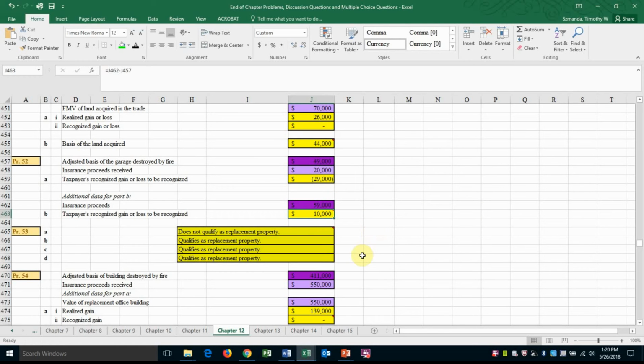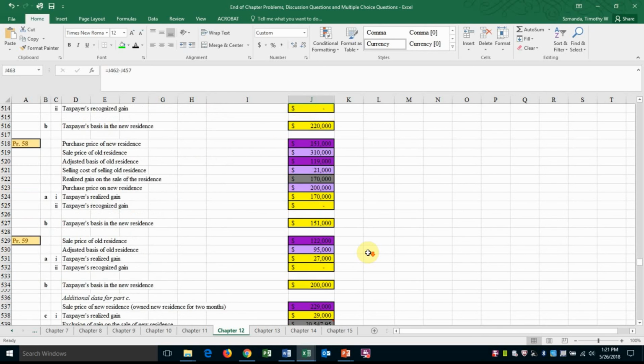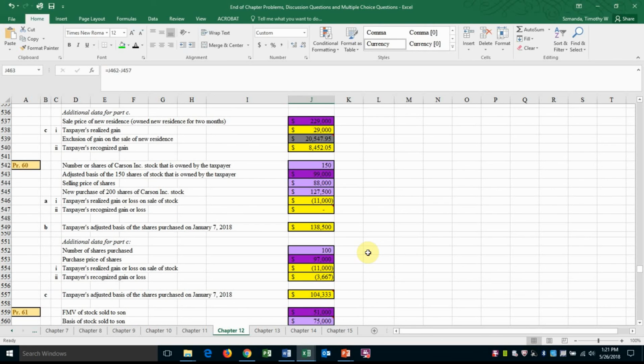Okay, moving on to the next learning objective. Let's take a look at number 60. That goes to learning objective 5. So number 60, which is found on the bottom of page 1235: Crystal owns 150 shares of Carson Incorporated stock that has an adjusted basis of $100,000.